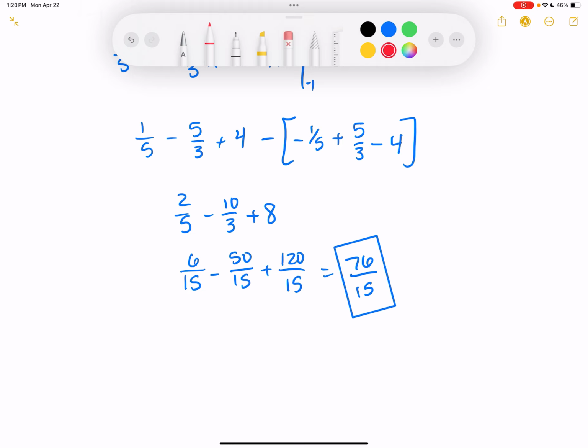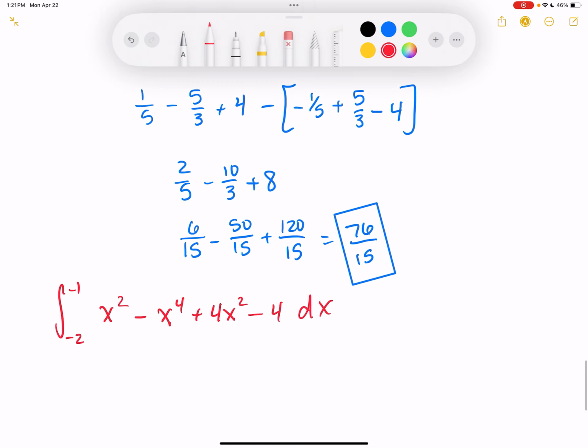So the integral from -2 to -1 of x squared minus x to the 4th plus 4x squared minus 4, which is negative x to the 4th plus 5x squared minus 4.